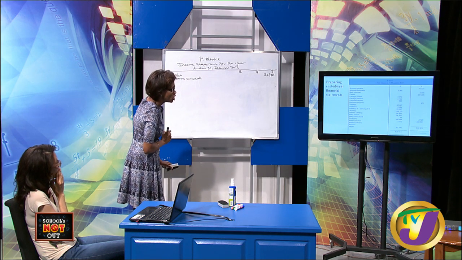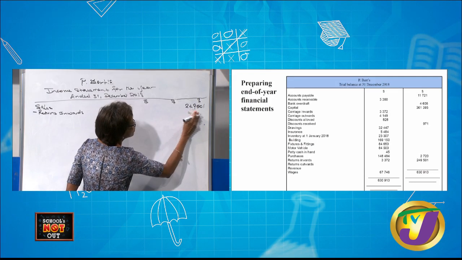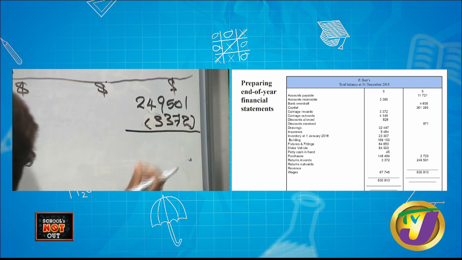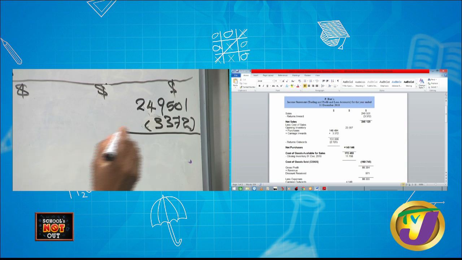And in this case, our return inwards is, can you see the figure? 3,372. We just line it up properly, 3,372. We take it away. Normally when we're taking away, we put a bracket around the figure.